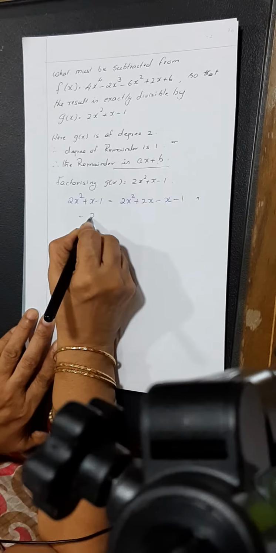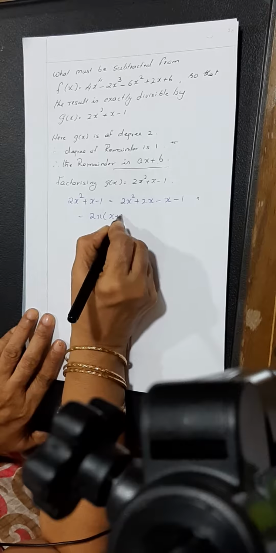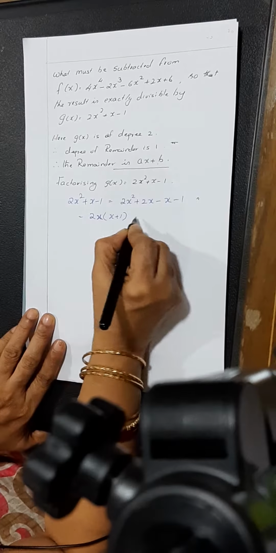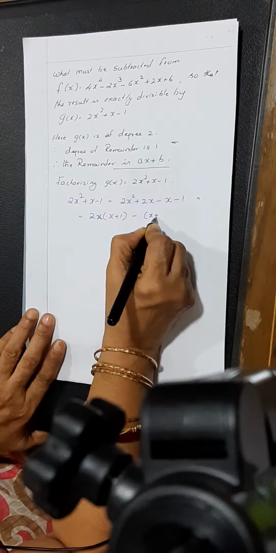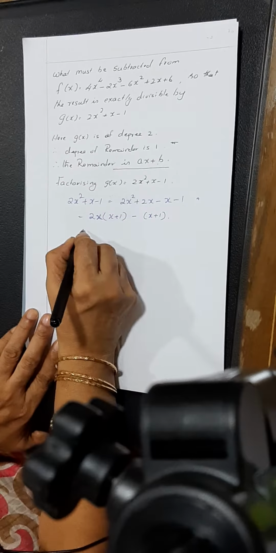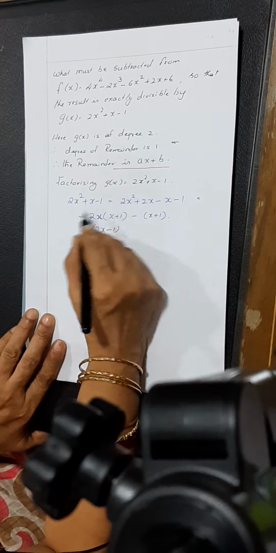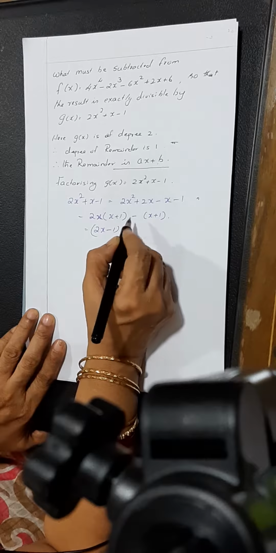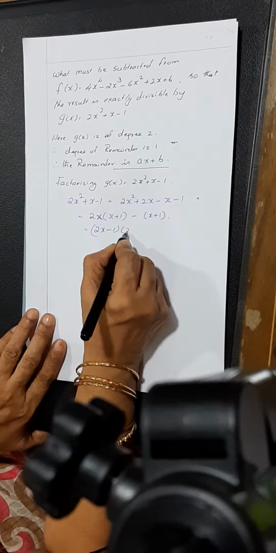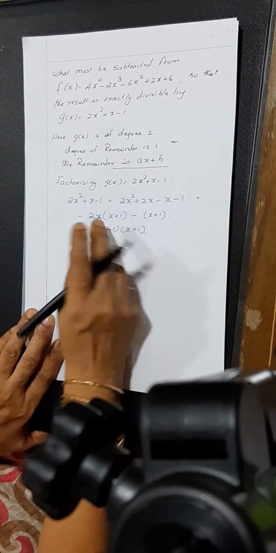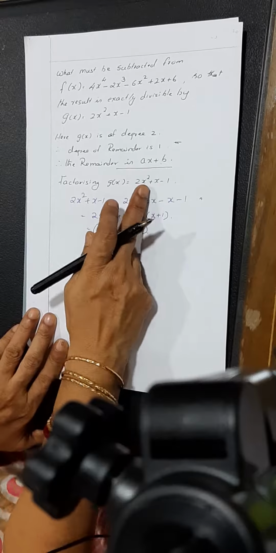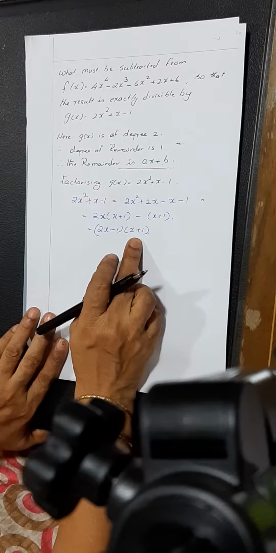That will be 2x into x plus 1 minus of x plus 1. So, you get 2x minus 1 into x plus 1, where x plus 1 you are taking out, and you are left with 1 here. So, the factors of the divisor are these.